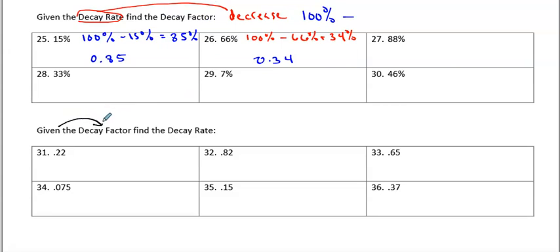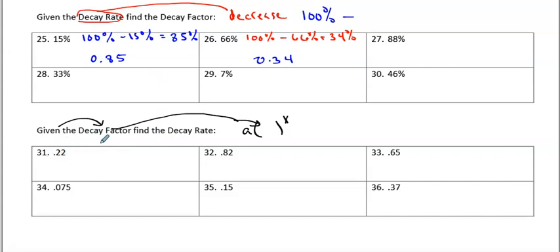Given the decay factor, find the decay rate, right? So the decay factor, again, is the number that's inside the quantity here, the number that's raised to whatever power. That's the decay factor. So I have 0.22 as my decay factor.